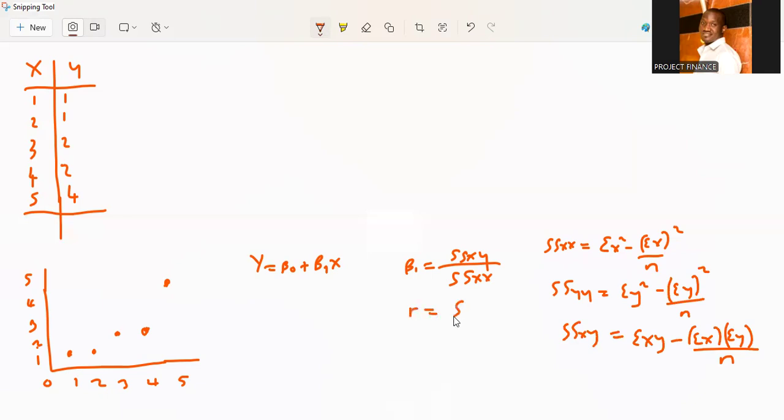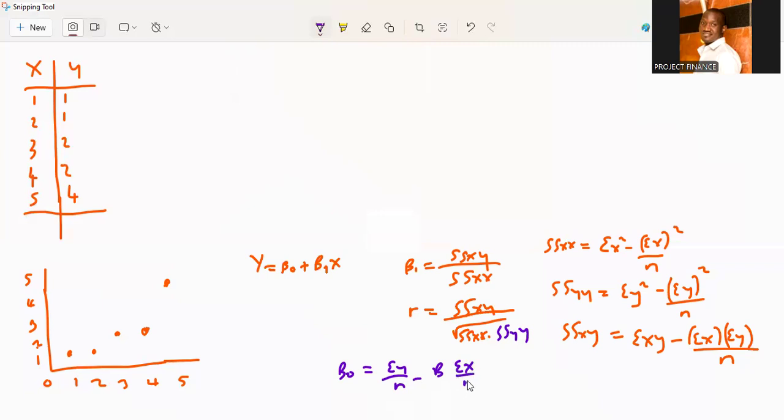It is xy, similar to what is on top, xy over the square root of xx times yy. And how do we find the intercept B0? B0 is simply given by the summation of y over n minus the b we just calculated times the summation of x over n.